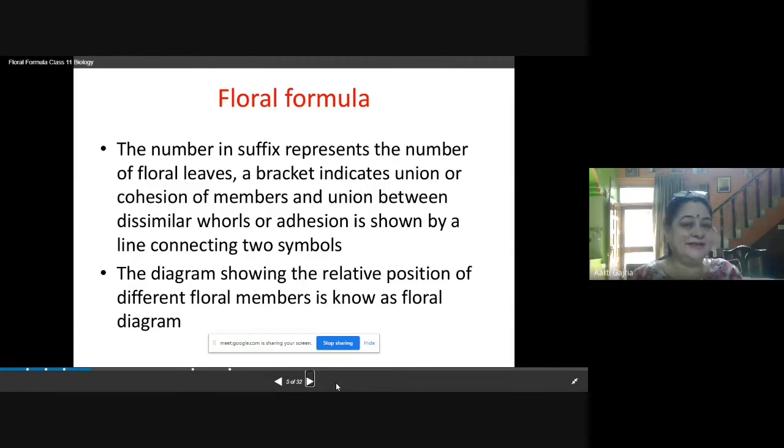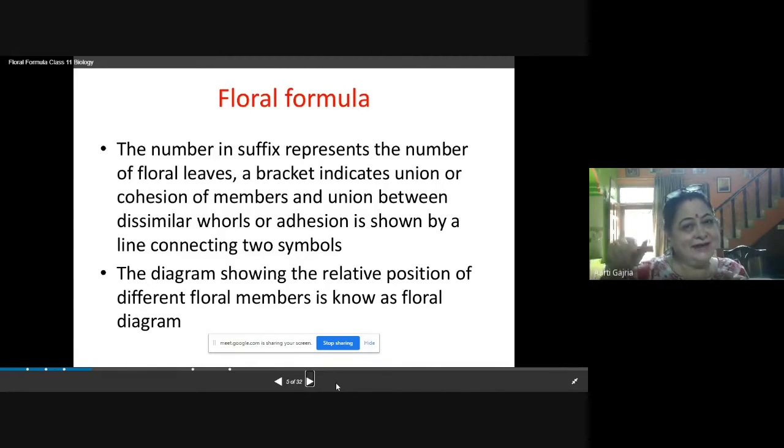A bracket indicates union or cohesion of members, and union between dissimilar whorls or adhesion is shown by a line connecting two symbols. Now suppose the stamens of the androecium are fused with the petals. So what will happen?